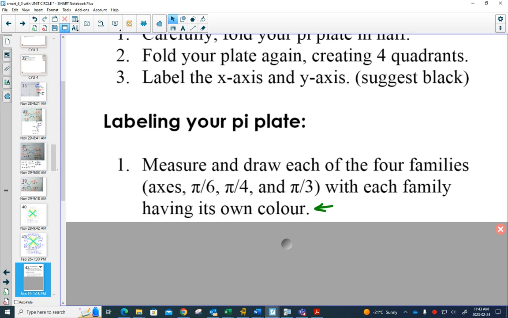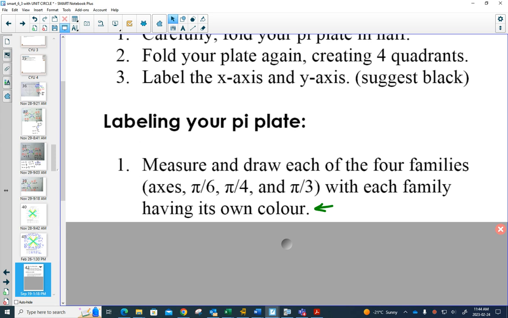Now, when you measure your angles, if you're at home, you can print out a protractor from the internet, or if you have your own protractor, you can measure 30 degrees, measure 45 degrees, measure 60 degrees. The lines will go straight across as you do that, and so you can draw all of your angles correctly, right?